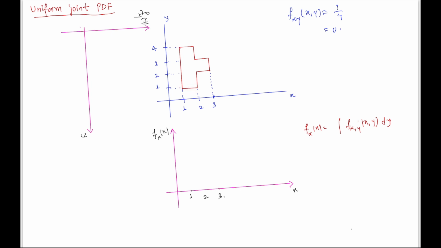Then y is varying from 1 to 4, right? And if you pick any x from within this other range, then y varies from 2 to 3, right? So if you are picking any x from this range, then y will vary from 1 to 4, and you will be integrating 1 divided by 4 dy, right?